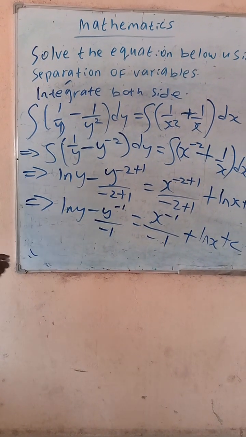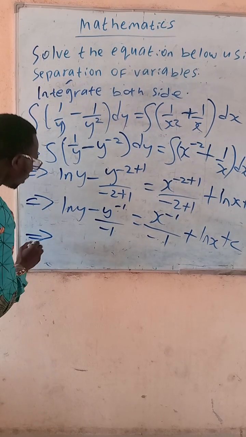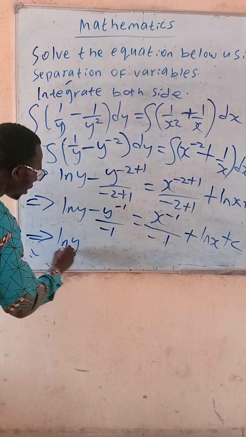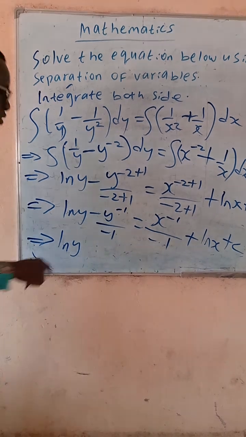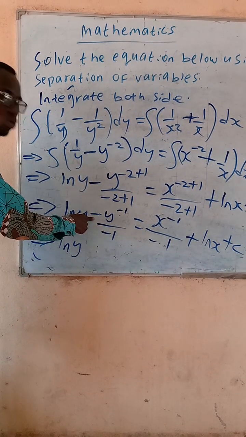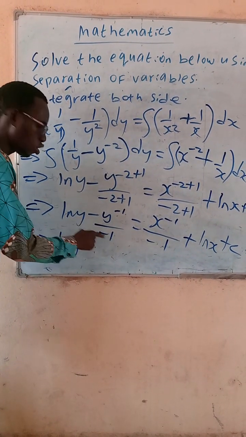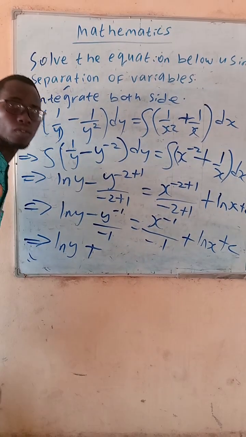In the next step we have, similarly, ln y. You're going to agree with me that minus will cancel minus, so it will become positive.